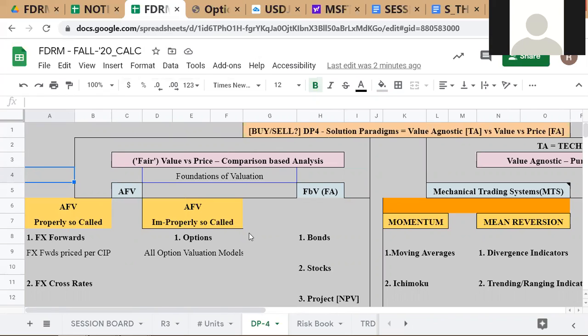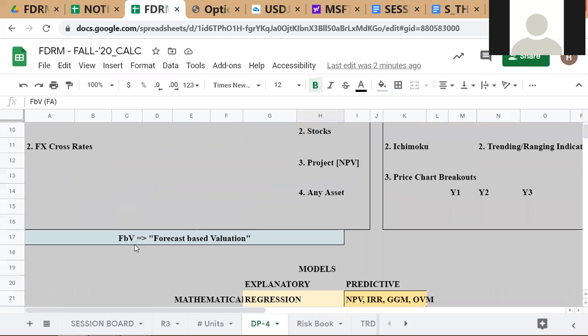Now, if you decide to be in this camp, if you decide that TA is not good enough for you, as we said, there are various approaches even within this camp. So there is the forecast-based valuation approach, FPV, which we have clarified here. FPV is actually what it is, forecast-based valuation.